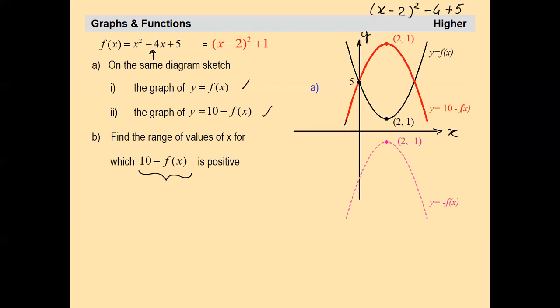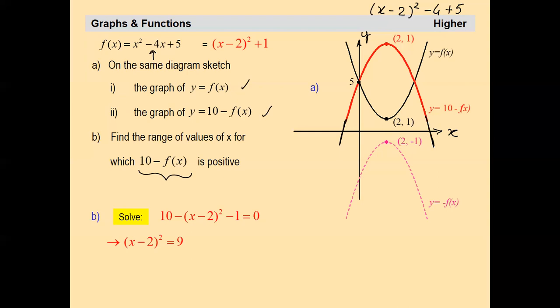If I'm asked to find when is this function positive, so technically you would draw this, yeah? And that means you need to solve that new function equals 0. What's 10 minus f of x? 10 minus (x minus 2) squared minus 1. So to solve this, you just write it's (x minus 2) squared equals 9, because 10 minus 1 is 9.